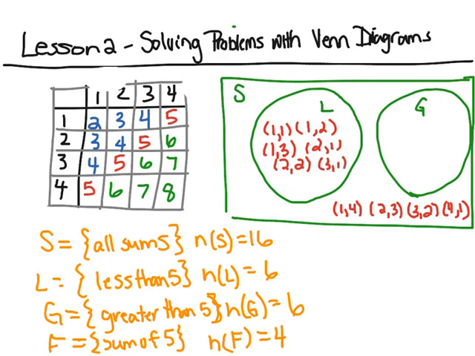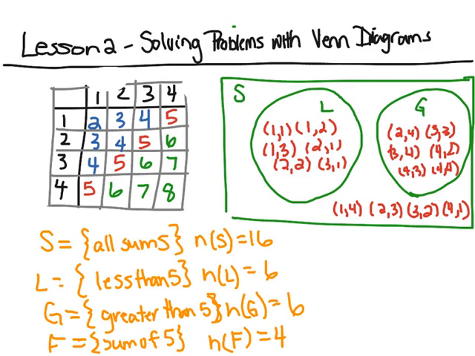So there should be 6 numbers there. There are. And then in our last one, we will have all of our green numbers. So 2 and 4, 3 and 3, 3 and 4, 4 and 2, 4 and 3, and 4 and 4. So there's our Venn diagram of these rules. They are all mutually exclusive. Nothing about them overlaps. There's no subsets.